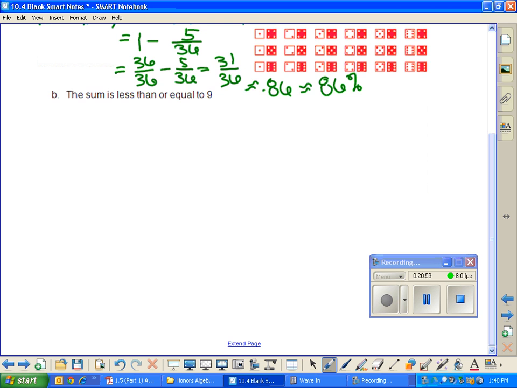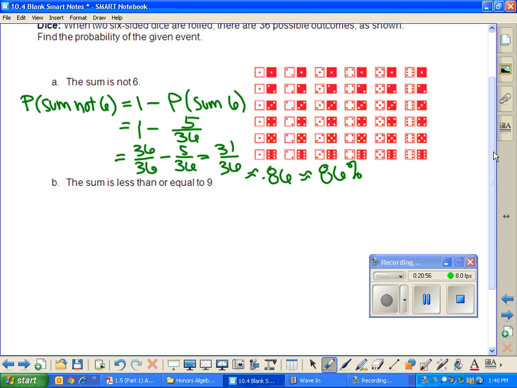All right, part B, the sum is less than or equal to 9. Probability of the sum being less than or equal to 9. Now, we're going to do 1 minus the complement, but we need to think about what is everything else. If we have the probability of the sum being less than or equal to 9, what is going to be the complement that we want to subtract from 1 to get that probability?